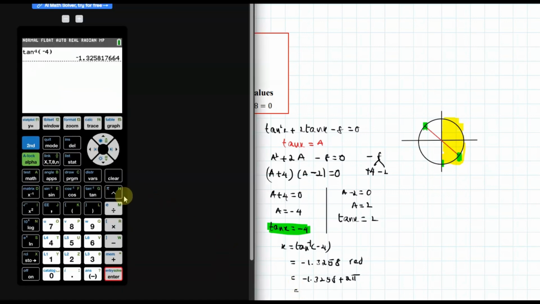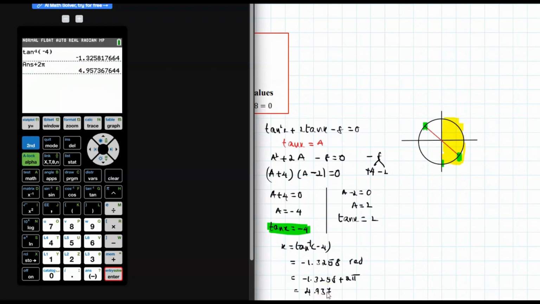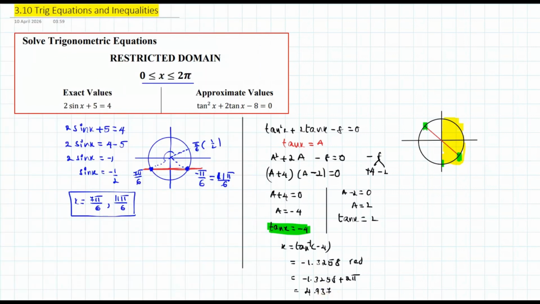You can use the calculator to add 2 pi, and that is equal to 4.9376 radians. So this is the one angle.